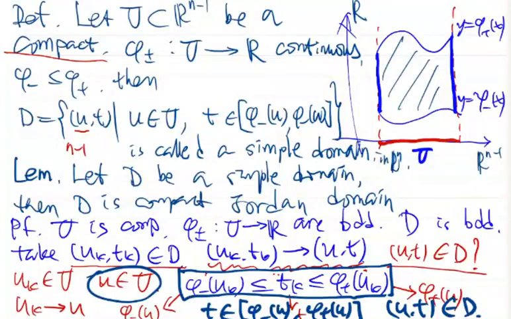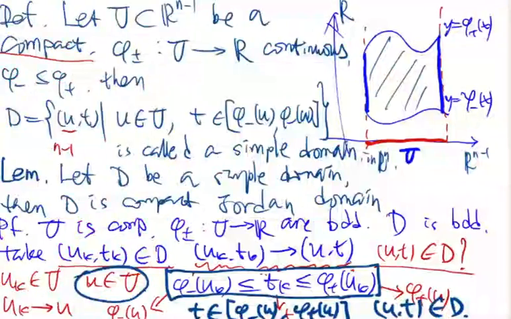So we still need to prove that D is a Jordan domain. Previously we have a theorem saying that, by the definition of a Jordan domain, a subset is a Jordan domain if its boundary has Jordan content 0. From this picture, intuitively, you will see that the boundary of D consists of 4 parts.